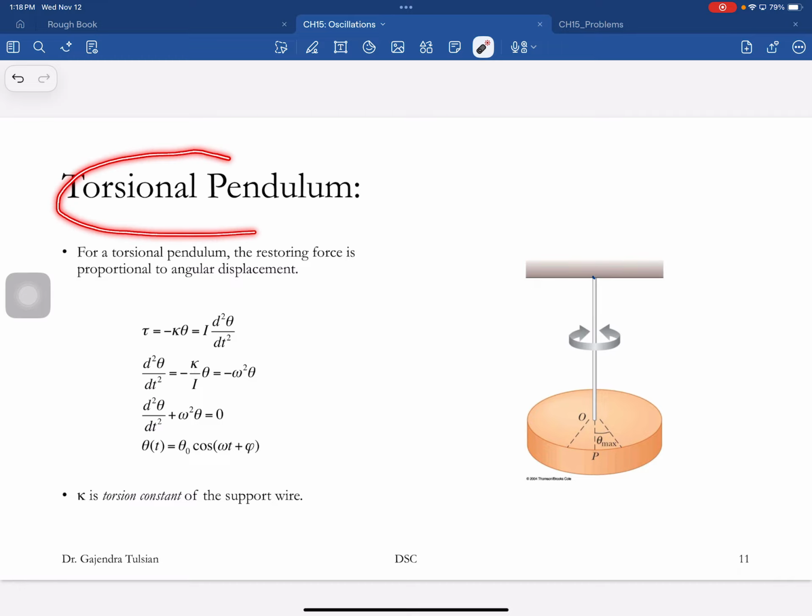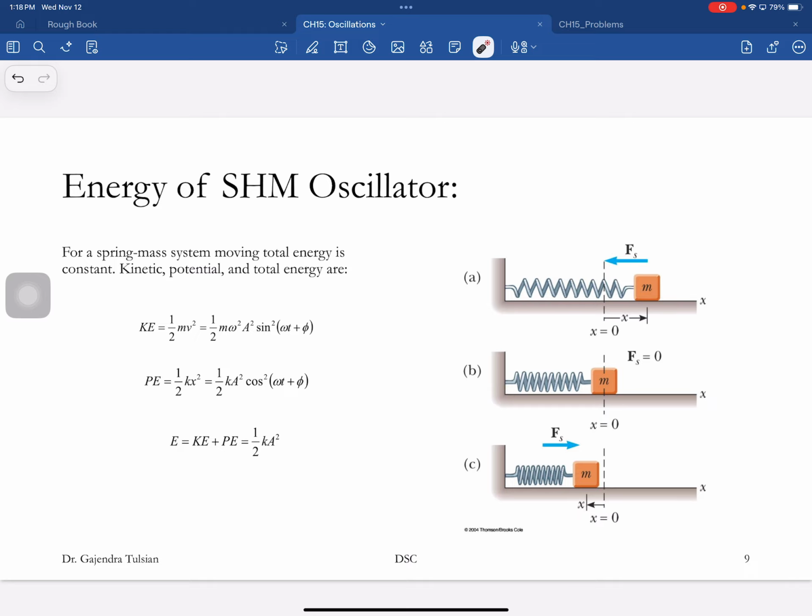Okay. So energy of a simple harmonic oscillator. This oscillator is going back and forth. You saw that when the spring is stretched, it has potential energy stored in it. When it's compressed, it has potential energy stored in it.